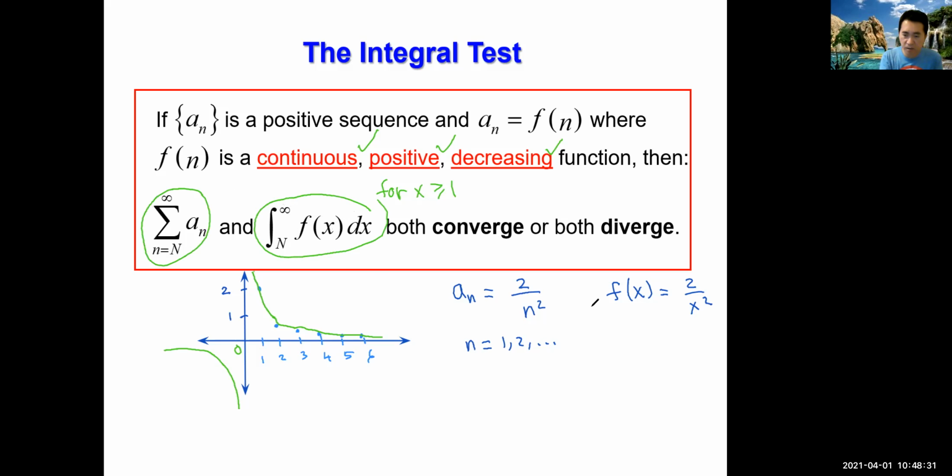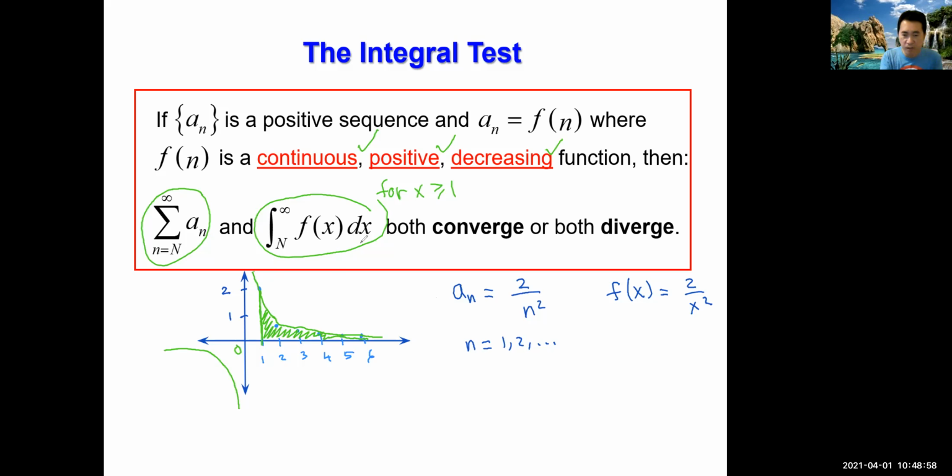In this case it doesn't matter, but say from 1 to infinity, this integral represents the area underneath the curve. So we're talking about this area, right? If this integral approaches infinity, that is divergent, so the series diverges. If this integral converges, the series converges.